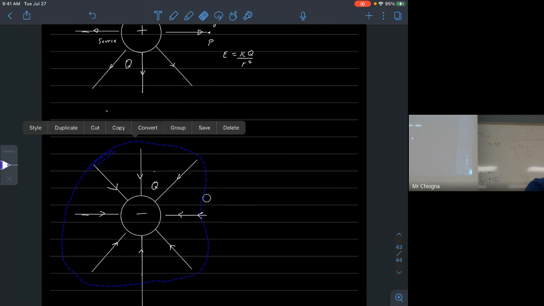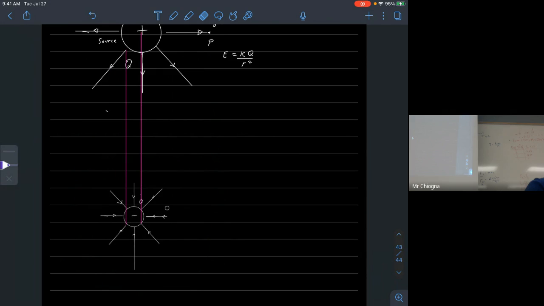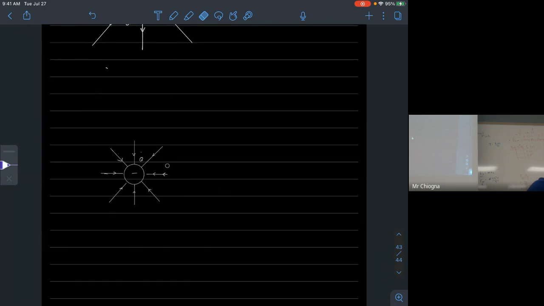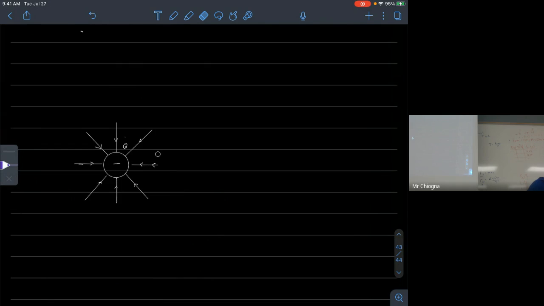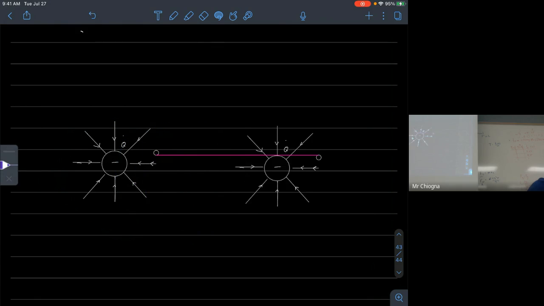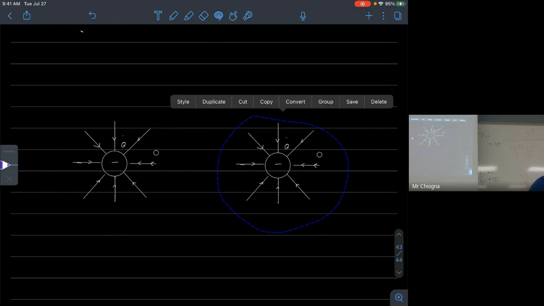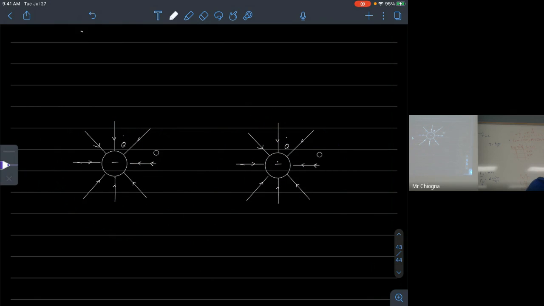Let's shrink it. Okay, I'm going to draw this, my negative charge. Let's put a positive charge next to it. Change this to positive. What am I going to have to do to each of these arrows here? This is a positive charge now.